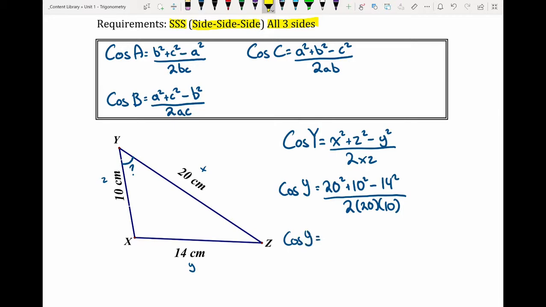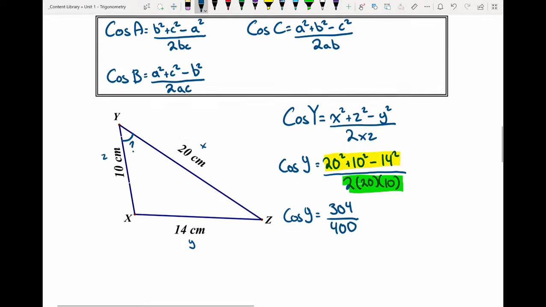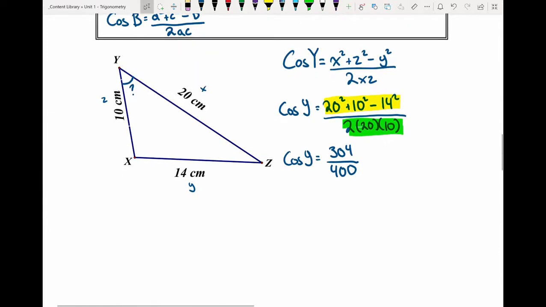I'm still going to split it up. You could do this all in one step, but I'm going to split it up into these parts, similar to what we've done before, just to make it easier and try to avoid any calculation errors. Top part, 20 squared plus 10 squared minus 14 squared, you get 304, divided by 2 times 20 times 10, 400. And now we should be at something that looks fairly similar to what we did when we were dealing with right angle trig and solving for an angle.